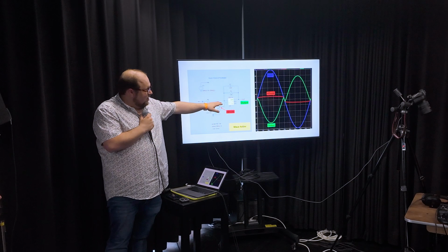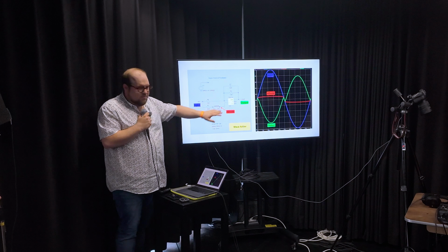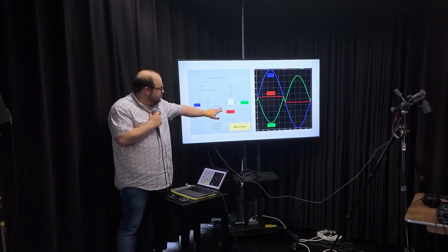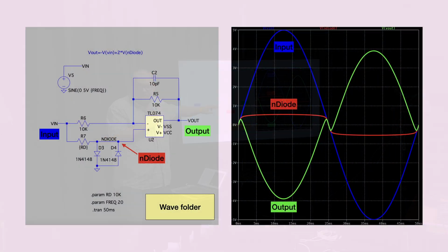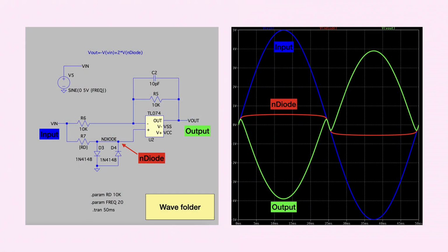And so you see, I've plotted one extra signal, and that's this signal here at this node that we reconnected. That's the voltage over the diode in this circuit. And if you peer long enough at these signals, you can actually deduce that this is the formula that defines the output. So the output is that inverted buffer plus 2 times that red signal.